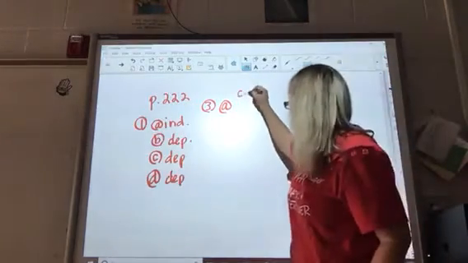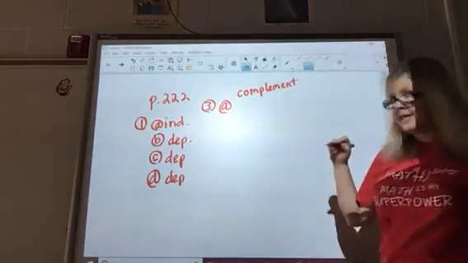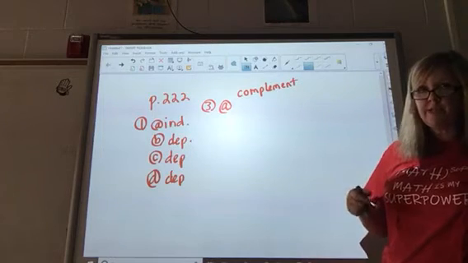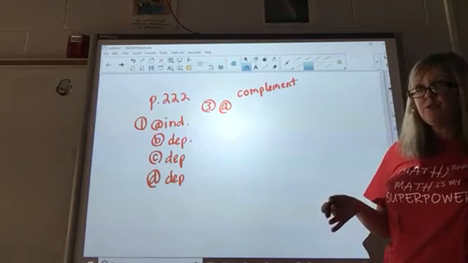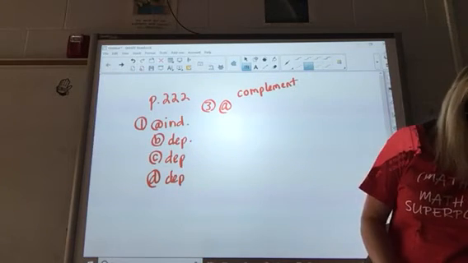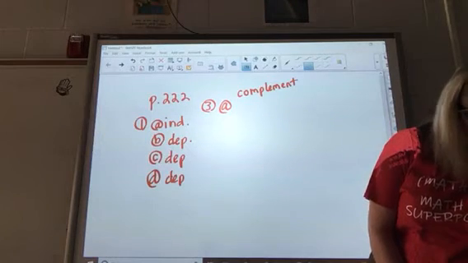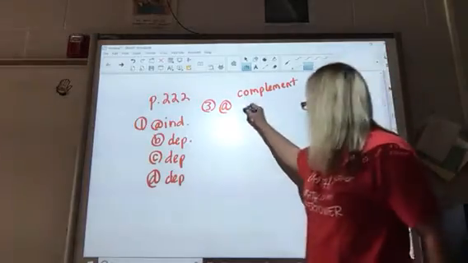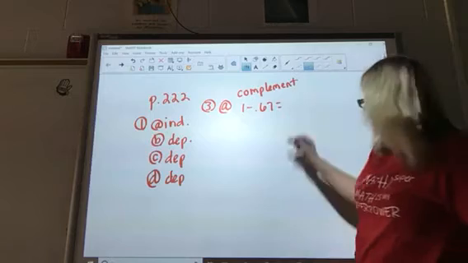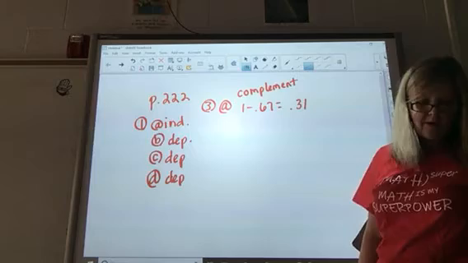All right, you've heard something called the complement, which means if it's an 80% chance of rain today, there's a 20% chance it wouldn't rain. That 20% chance is called the complement. So what I need to do then, if 69% are going to play, is subtract that from 1, and I made it a decimal, that means that 0.31 or 31% would not have.